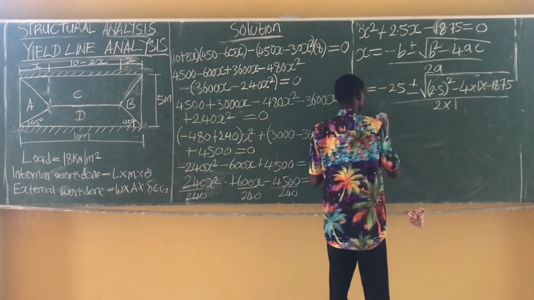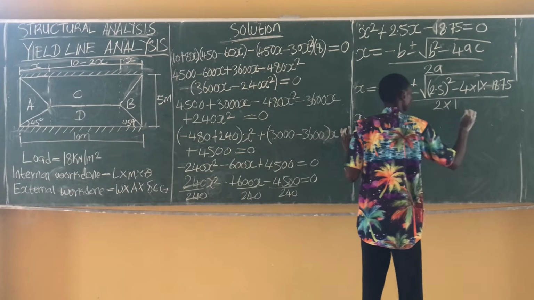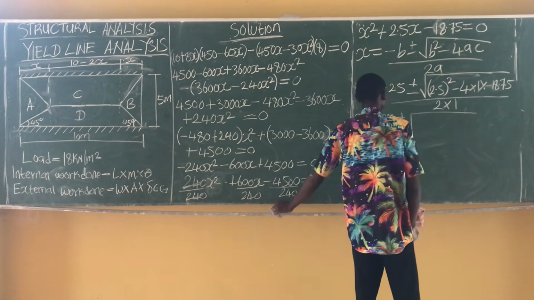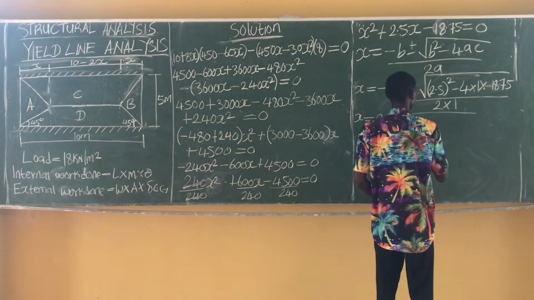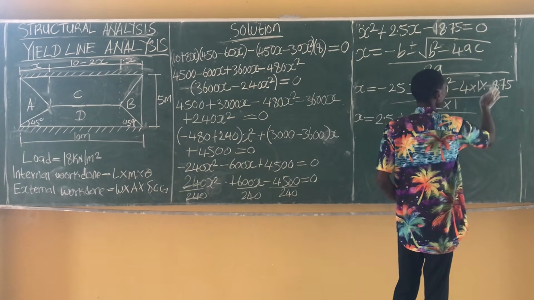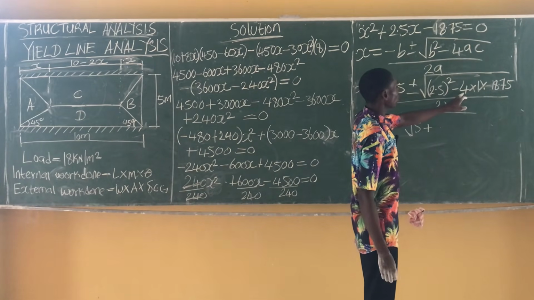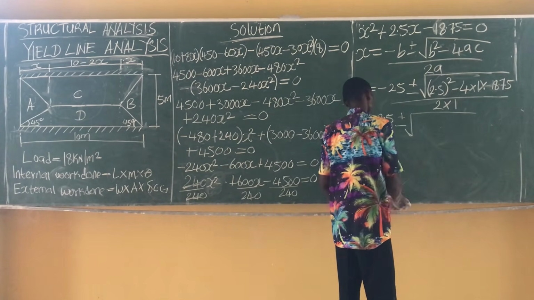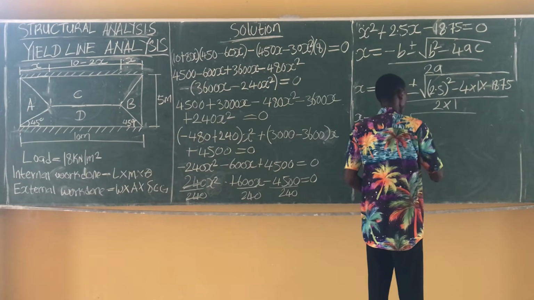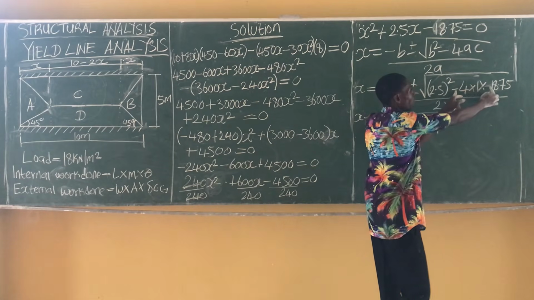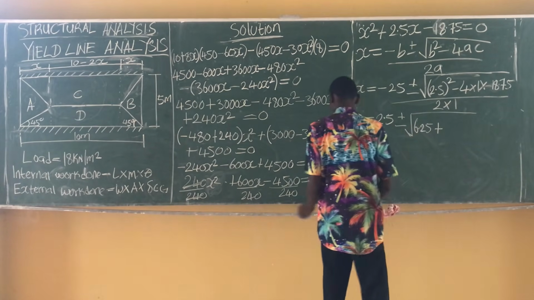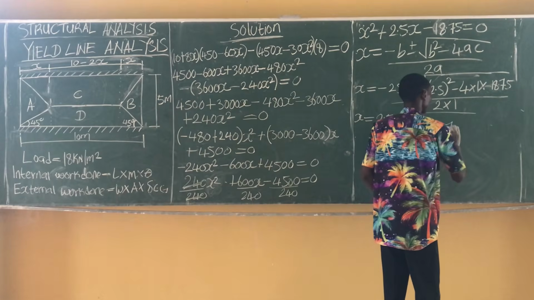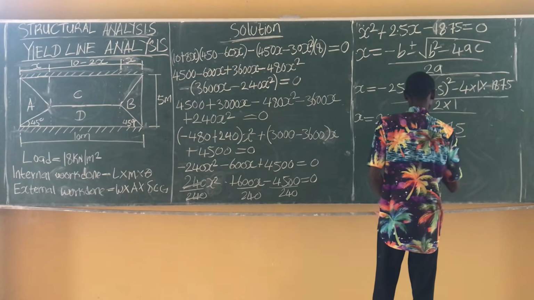So we have x equal to minus 2.5 plus or minus the square root. 2.5 squared gives us 6.25, plus, because this is minus and this is minus, 4 times 1 times 18.75, which is 75. All over 2.